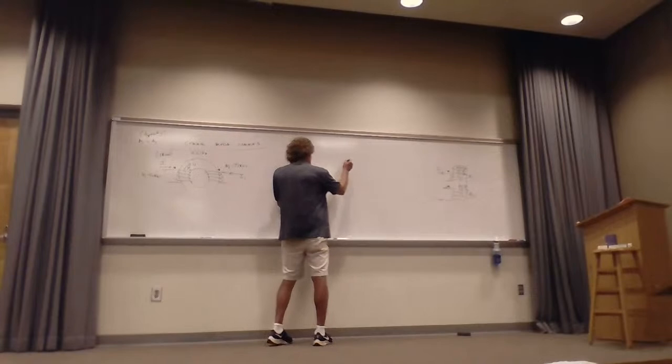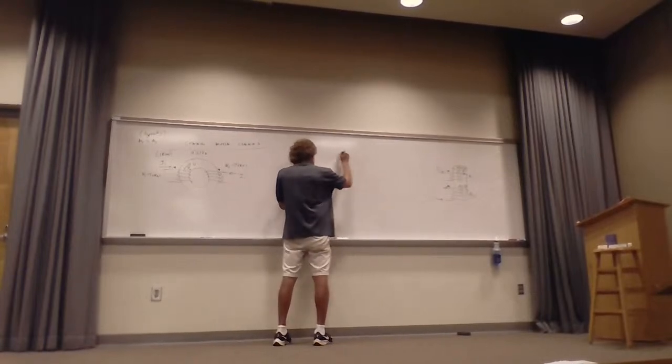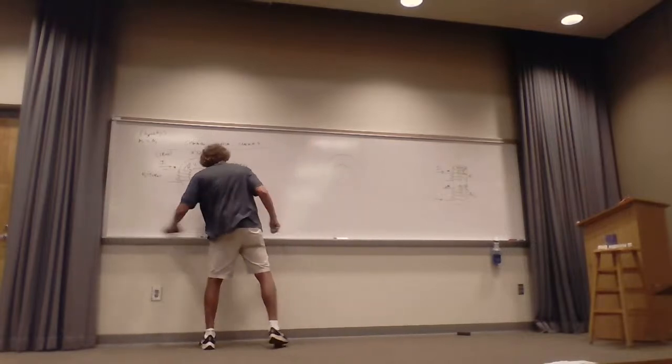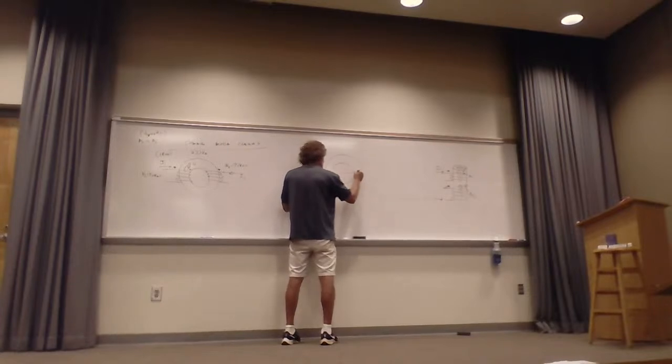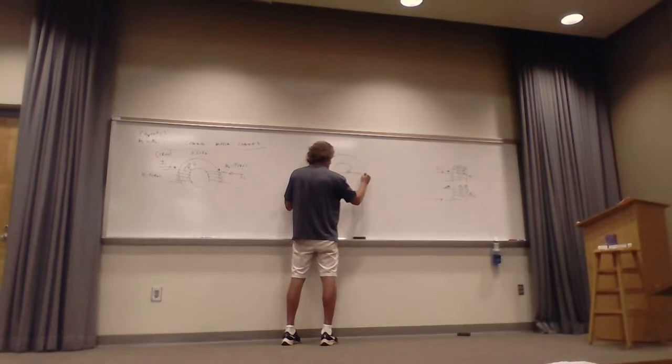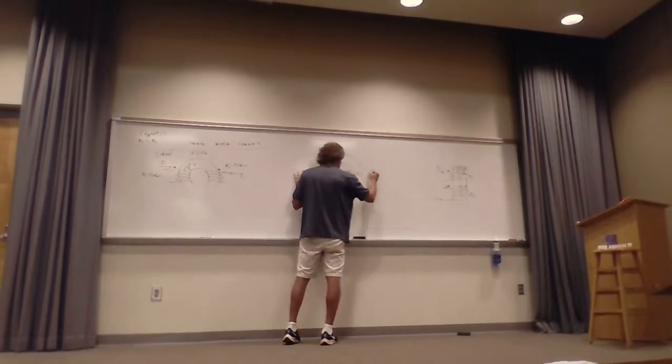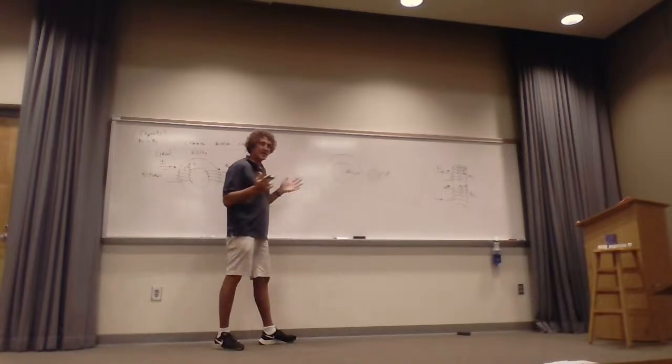So if you just have a single core like this, a single core like so, with some mean radius rho zero, and it has a cross-sectional area A. It doesn't matter how you get that.